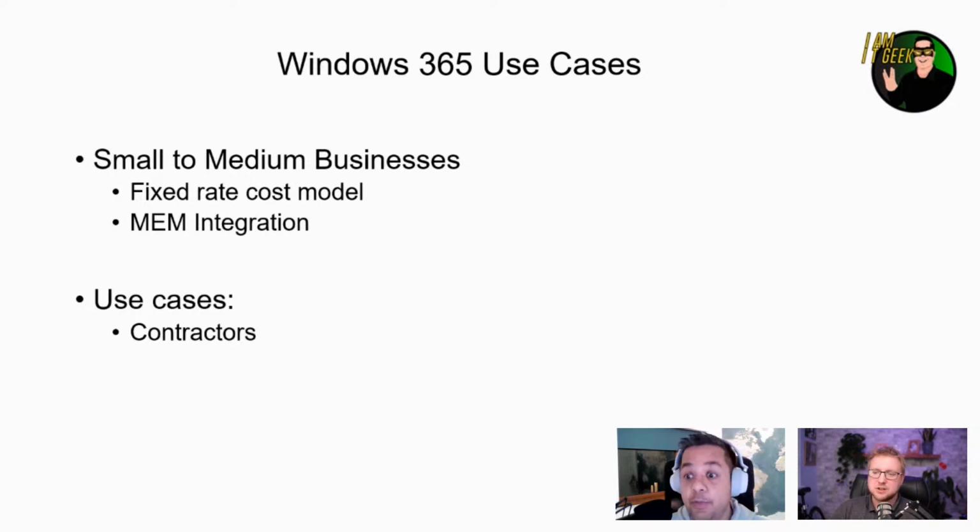You can have multiple subscriptions for 365, but if you have two subscriptions, let's say an E3 and an E5 that would overlap, I think you have to disable a lot of the features that are across both. I think that's the only way you can get around it. I will look that up before the end of the show.